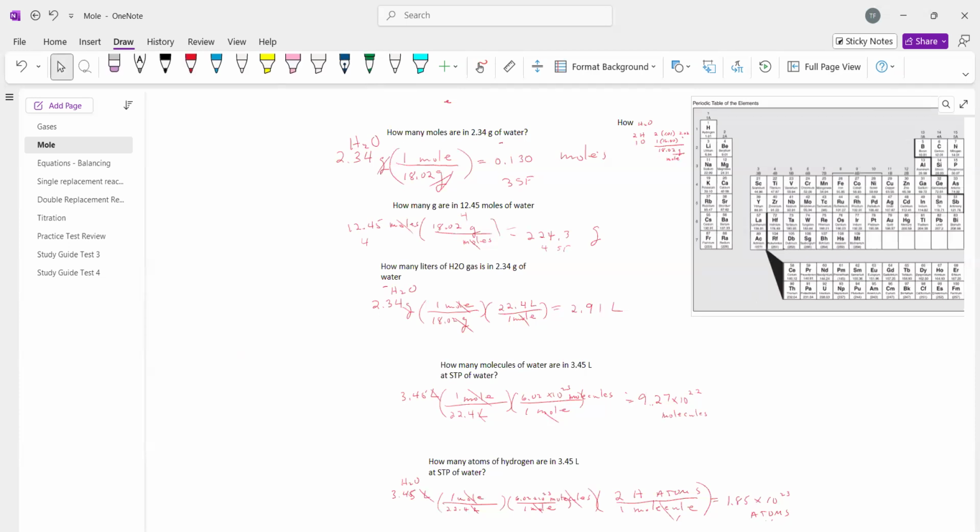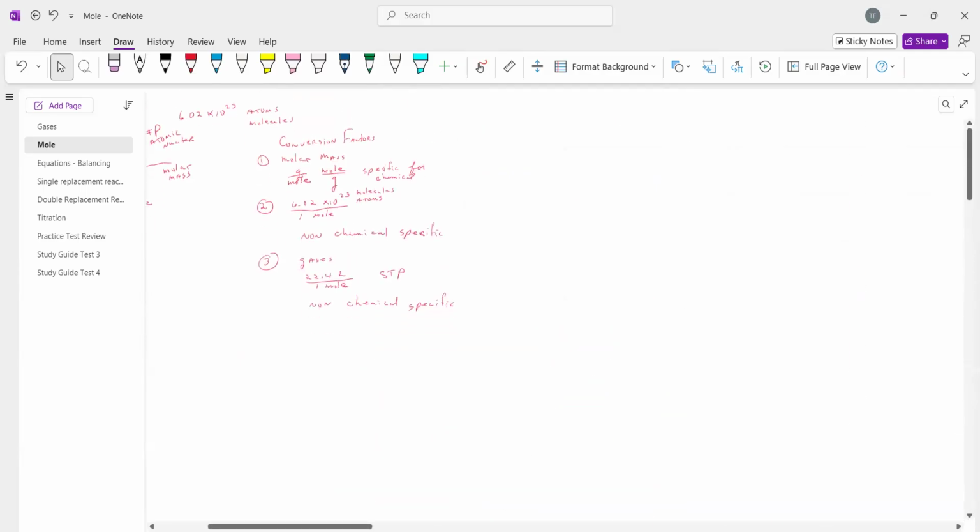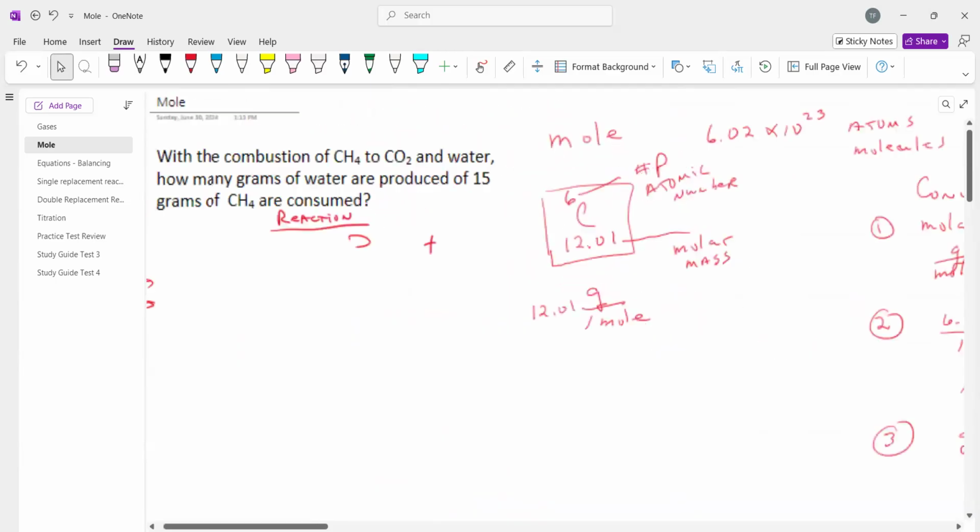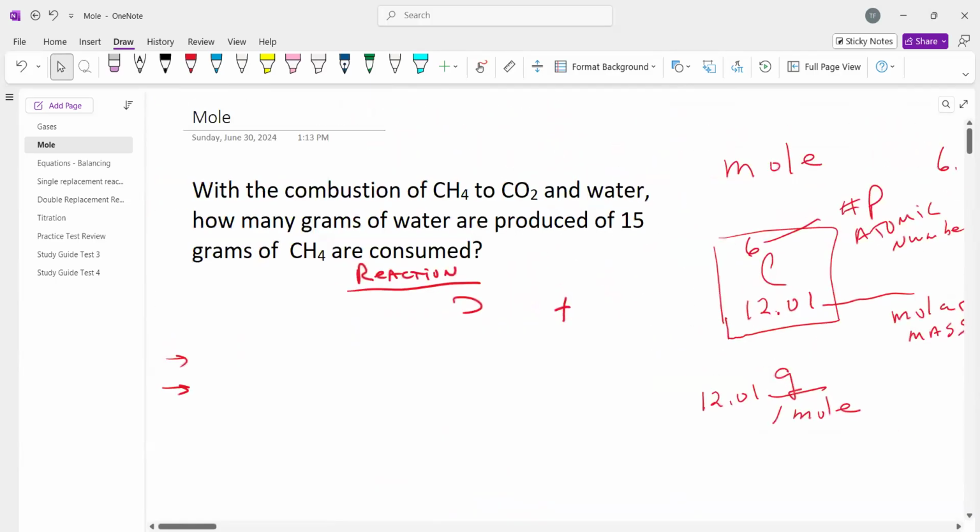The next thing we're gonna do is look at chemical equations. Then we're gonna put chemical equations with what we did today together. Which is how to answer this question here.